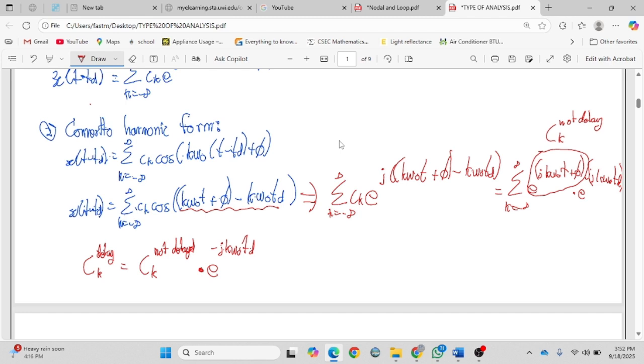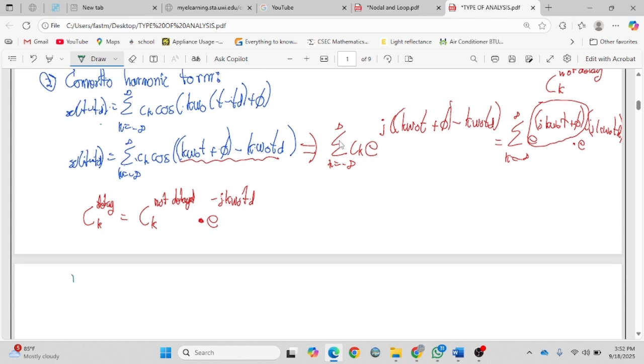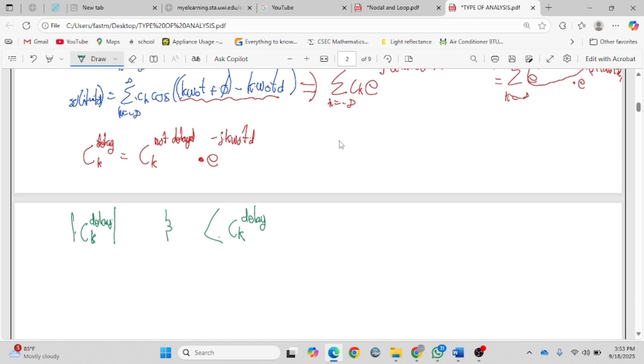So this ck delayed is basically what we want to analyze. So the first thing we want to do, well, actually two things we want to do. We want to get the magnitude of the delayed Fourier coefficient, and we want to get the phase or the argument of the delayed coefficient. So we could do that first.